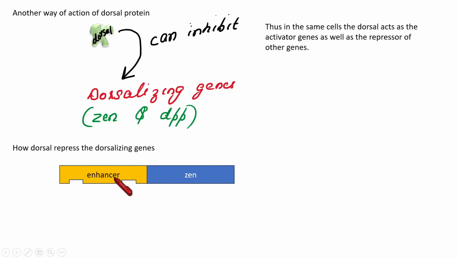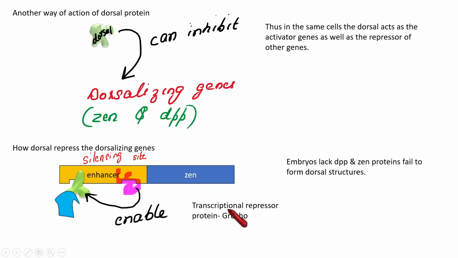Look, in the enhancer portion of the Zen gene, there are some binding sites. These are silencing sites. In this site, first the dorsal comes and binds. Following that binding, some other protein also binds in some other binding site present in the enhancer, and because of this binding of some other proteins, the dorsal becomes able to bind another protein.